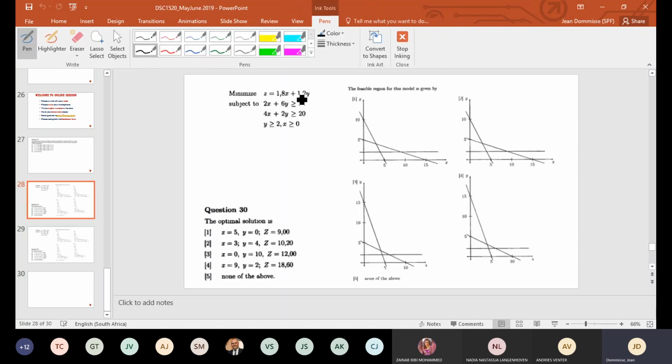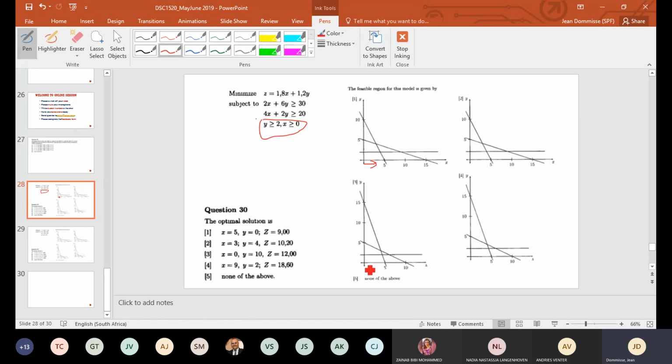So what I first do with an equation like this is I would look at this part first, and that tells me that x needs to be bigger than 0, and y needs to be bigger than 2.